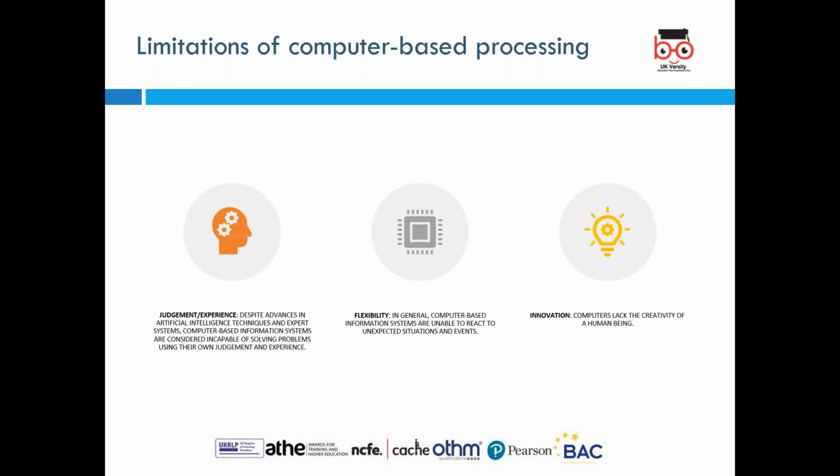Also, we're going to look into innovation, where computers lack the creativity of human beings. So, as we already mentioned, computers have a lot of limitations, which even artificial intelligence nowadays, I do believe, will never reach.